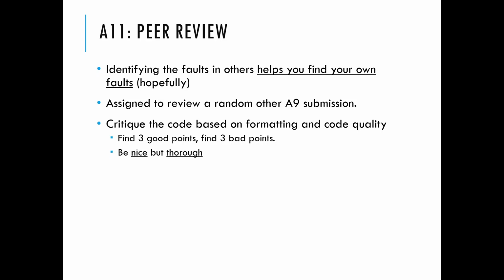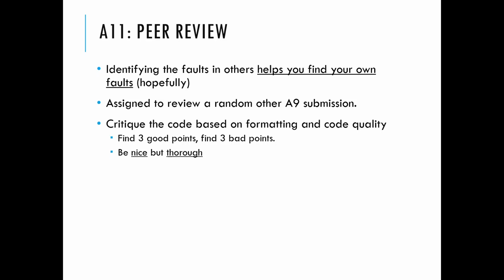So we're not putting our names in A9, or if we are, the TAs are going to have to manually remove all your names. We'll have your ID, we'll have the ID of the person you're reviewing, and you will find the other person's ID in this list of all submissions for A9.